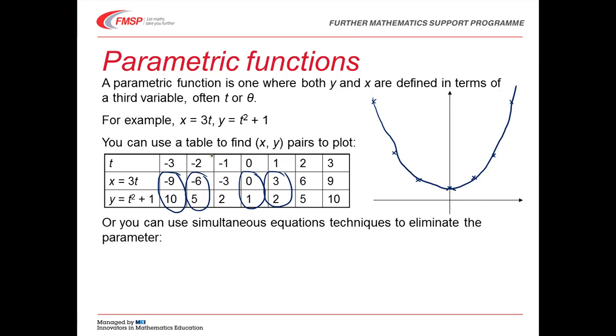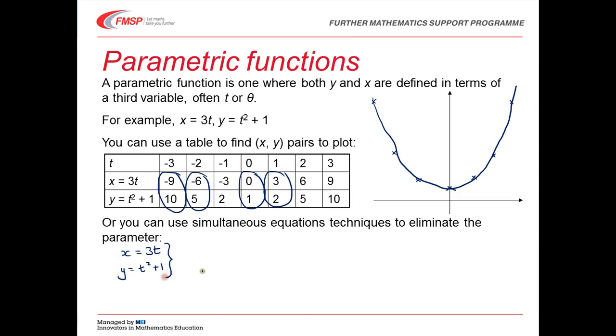Okay, alternatively I can use simultaneous equations to eliminate the parameter and get myself an expression just in terms of x and y. So here we go, x equals 3t, y equals t squared plus 1.